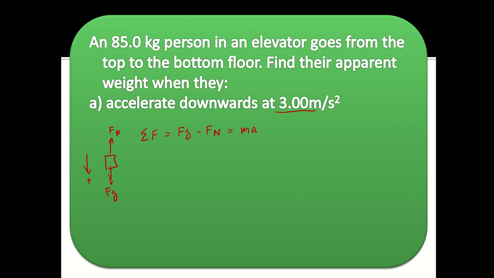So solve this for Fn to get the apparent weight, which means we're going to move the Fn to the right, ma to the left. We end up with Fg minus ma equal to Fn. So Fn will equal mg minus ma. We can plug in the numbers.